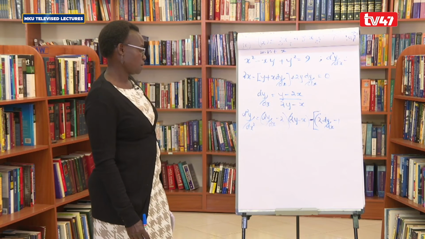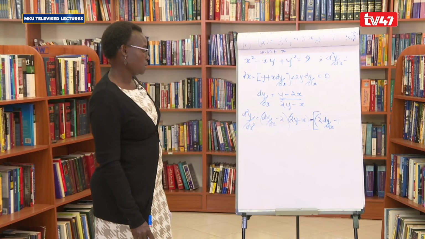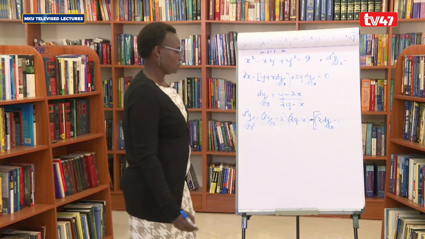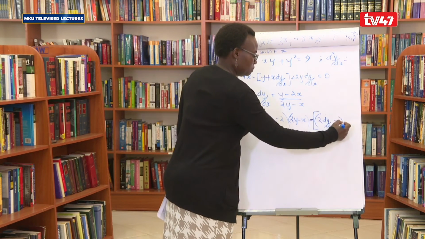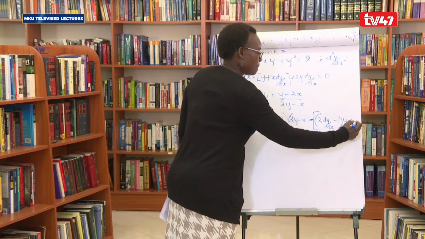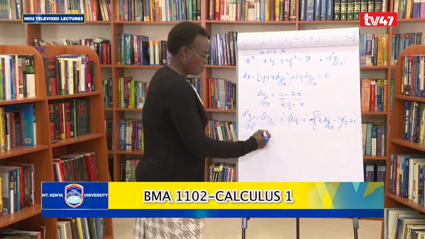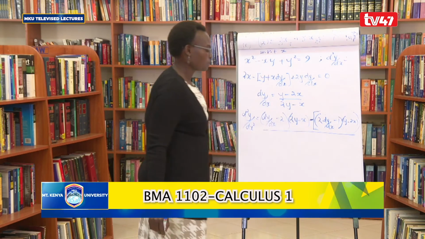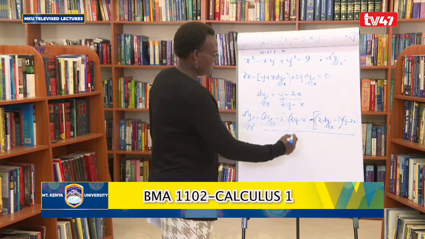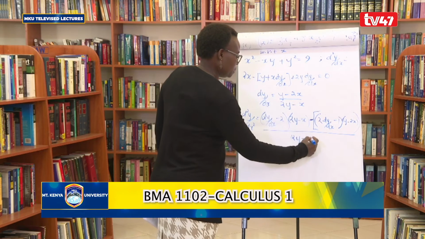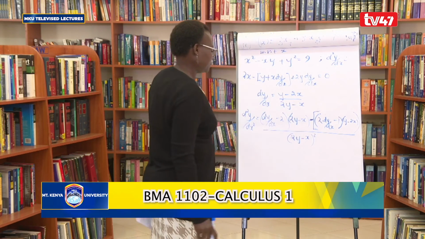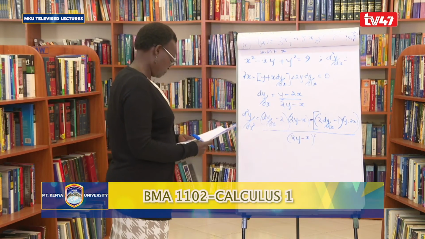So v bar will give us 2 dy over dx minus 1, and then we are multiplying it by u, and then over v squared. Our v is 2y minus x, and it is squared.